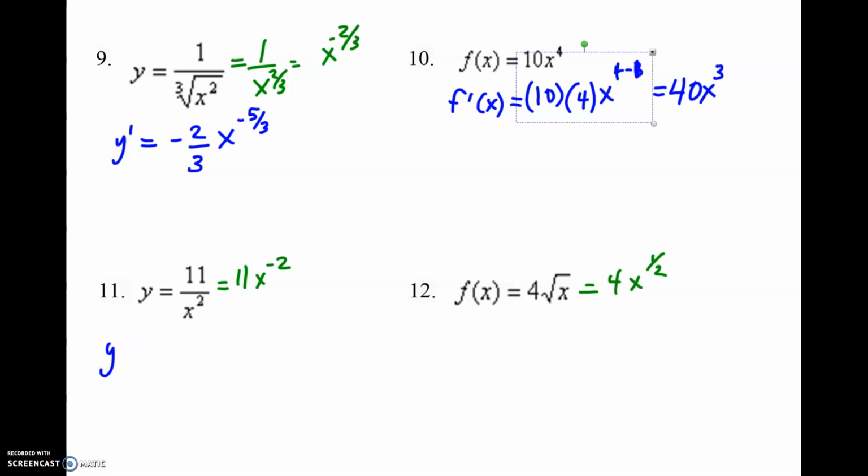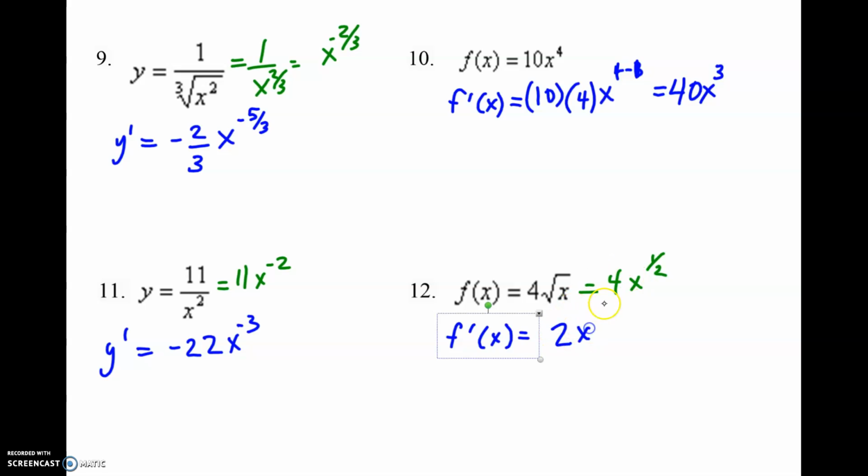Number 11, y prime is going to equal, now 11 times negative 2 is negative 22 x to the power of negative 2 minus 1, negative 3. And f prime here will be a half times 4, or we have 4 over 2 here, which is 2x. 1 over 2 minus 2 over 2 will give me minus a half. Okay.